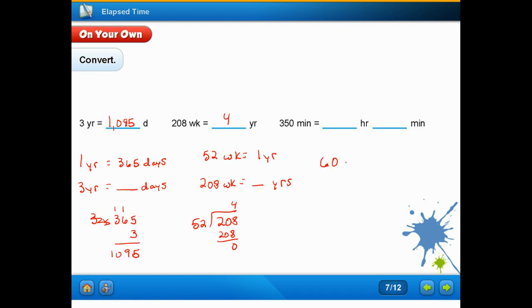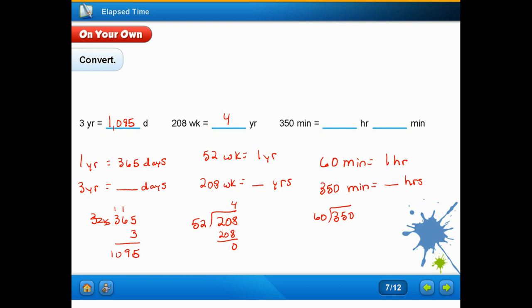So 60 minutes equals 1 hour. 350 minutes equals how many hours? So I've got to do 350 divided by 60. And just from the top of my head, you may have to add this, multiply it, whatever you need to do to figure this one out.